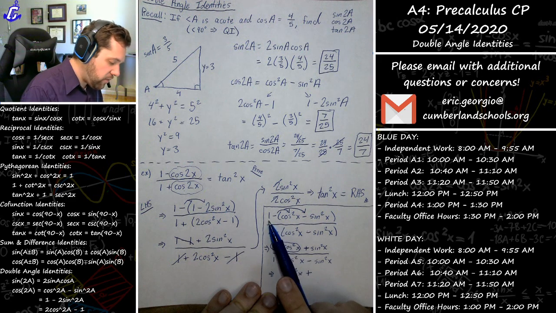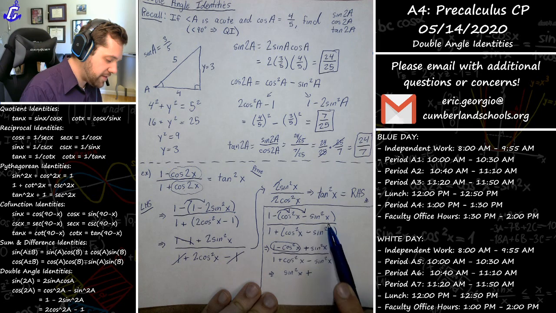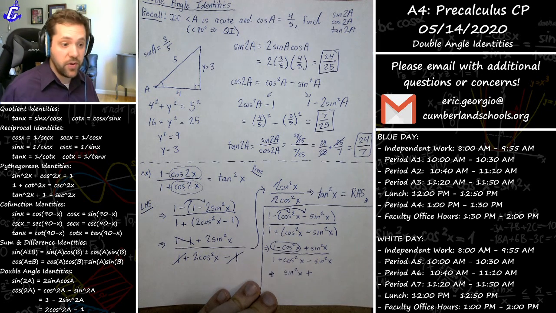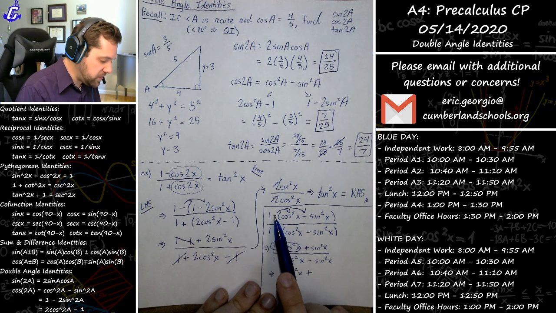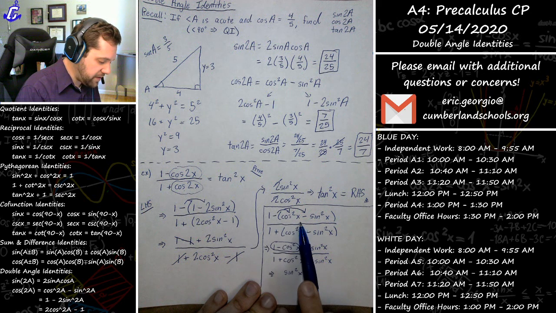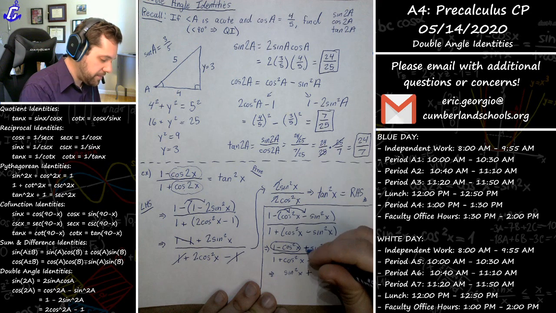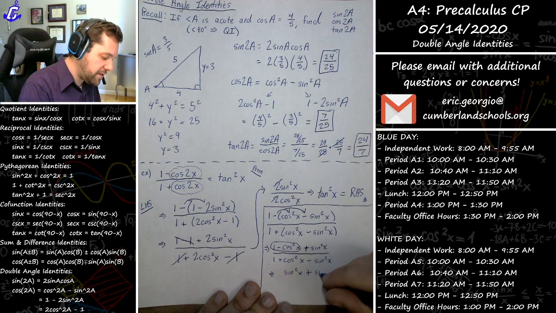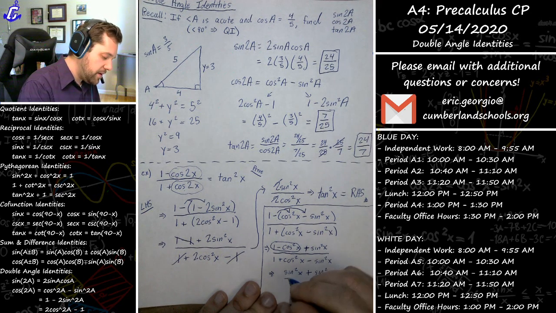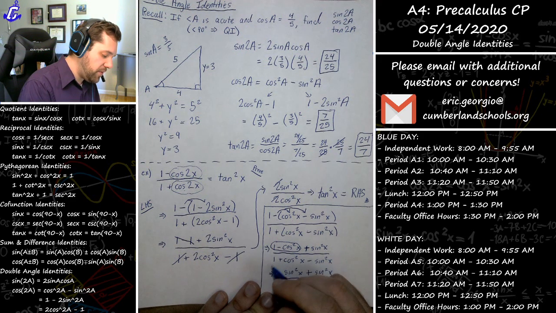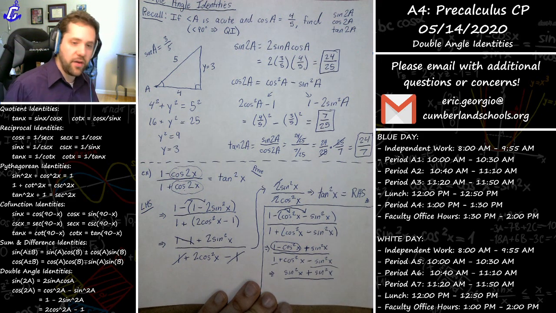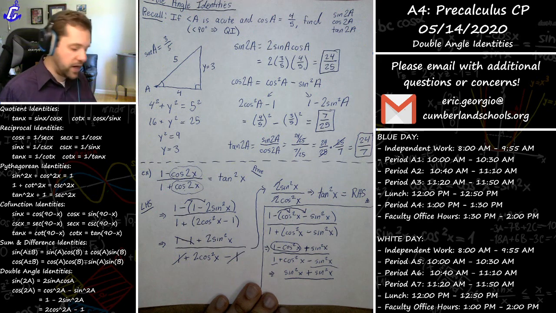Up here, when I replaced this cosine squared of x minus sine squared of x, I made the mistake, I hope you don't, because I just did, of forgetting to distribute this negative. It would be negative cosine squared minus negative, so plus sine squared. So that's a plus. So in the numerator, I would get sine squared of x plus sine squared of x. Over in the denominator, I can replace 1 minus sine squared with cosine squared. That's a Pythagorean identity.